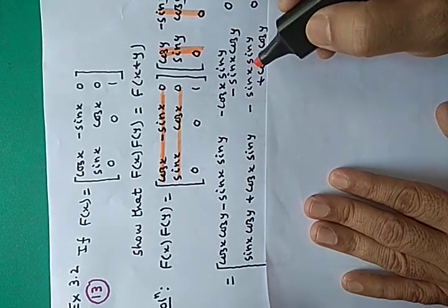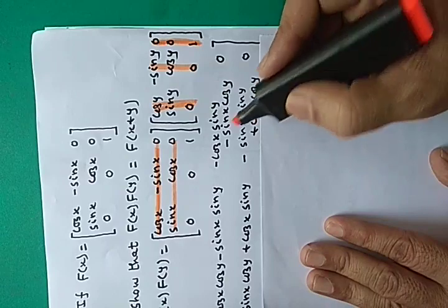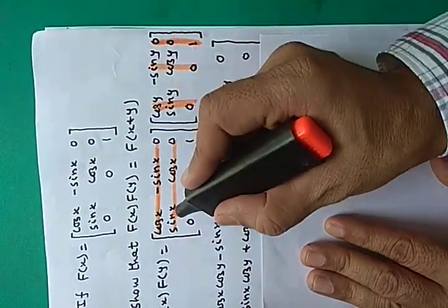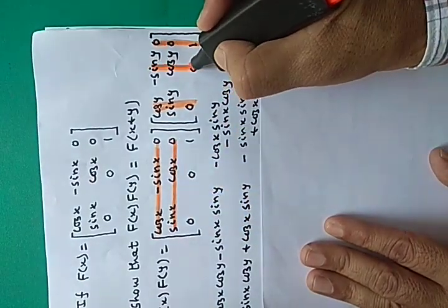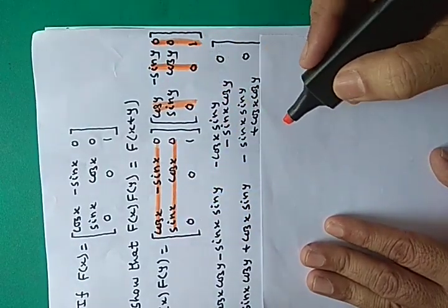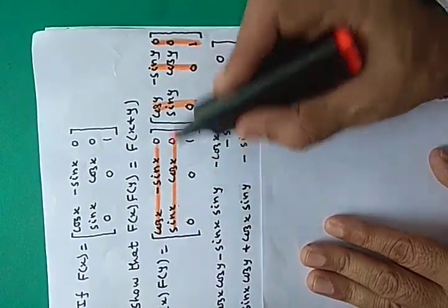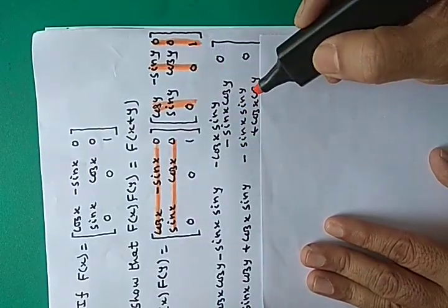Now the next element is A22. You have to multiply the second row with the second column. It will be sin x into minus sin y, which is minus sin x sin y, plus cos x cos y, plus 0 plus 0.